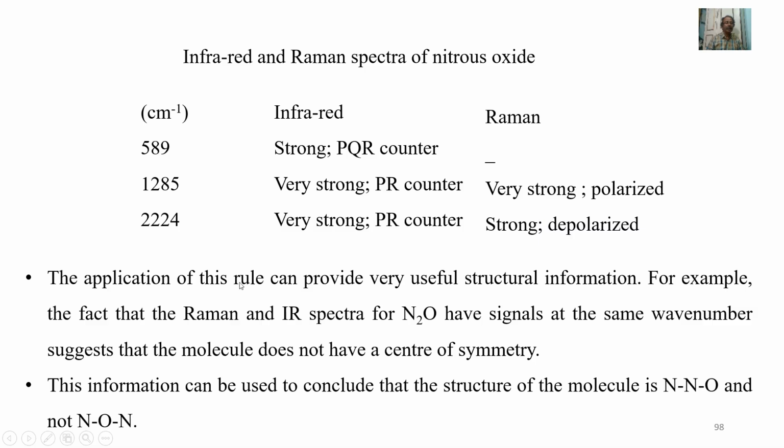The application of this rule can provide very useful structural information. For example, the fact that the Raman and IR spectra for N2O have signals at the same wave number suggests that the molecule does not have a center of symmetry. This information can be used to conclude that the structure of the molecule is NNO, but not NON.